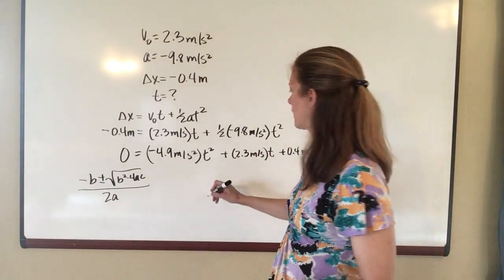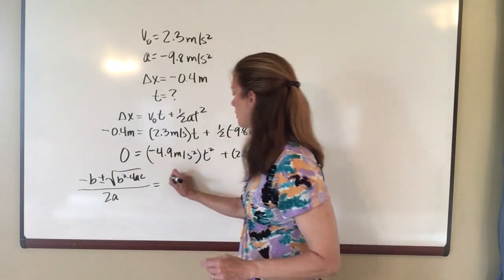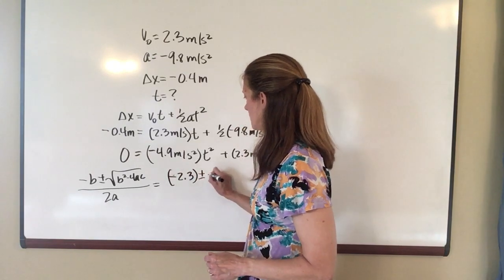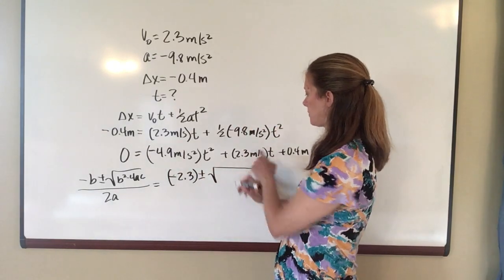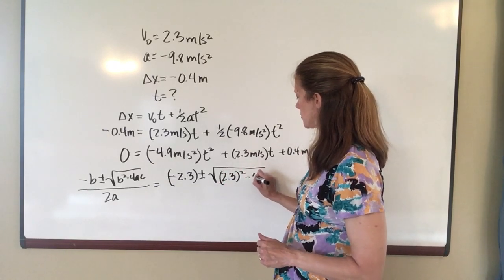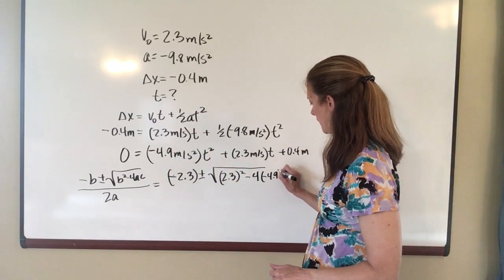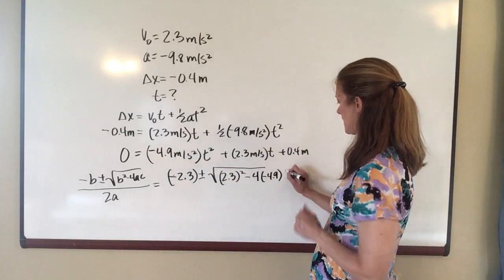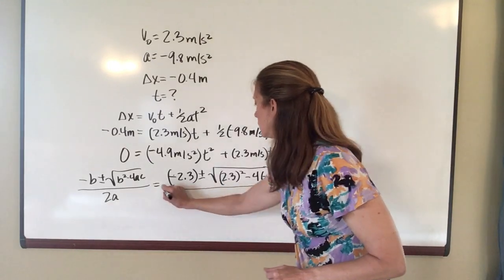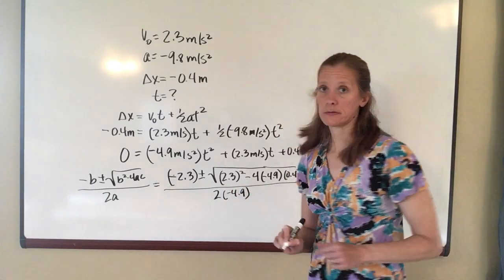So when I plug this in, I have negative b, here's my b, so I've got negative 2.3 plus or minus the square root of b squared, so I have 2.3 squared minus 4 times a, which is negative 4.9, times c, which is 0.4, all over 2 times a.